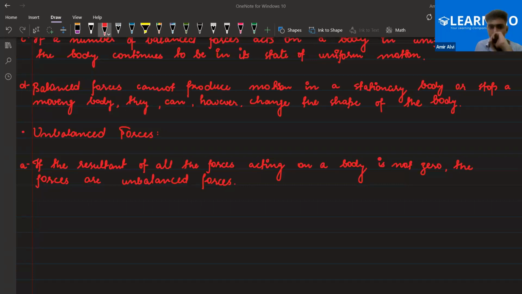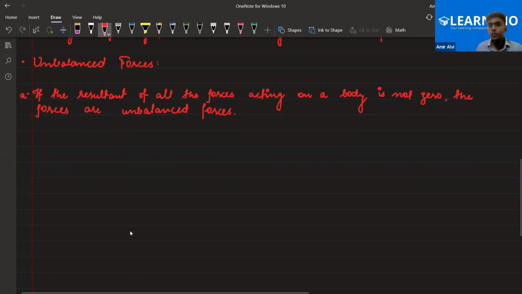Clear? Yes, sir. So unbalanced forces can stop a moving body as well as produce motion in a body at rest.